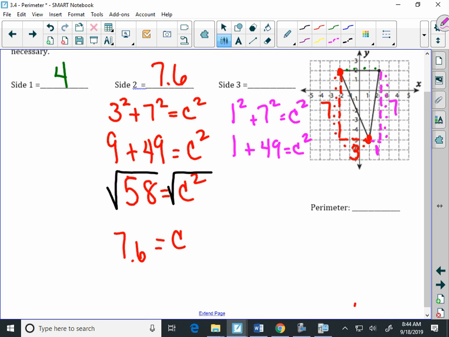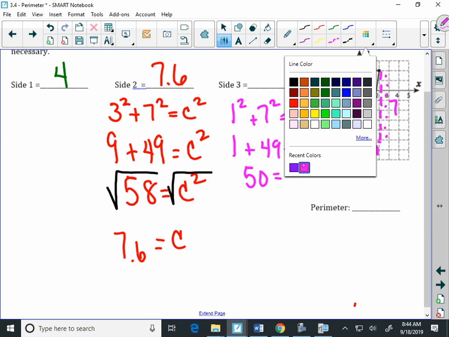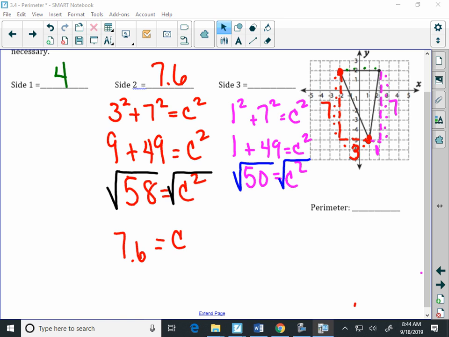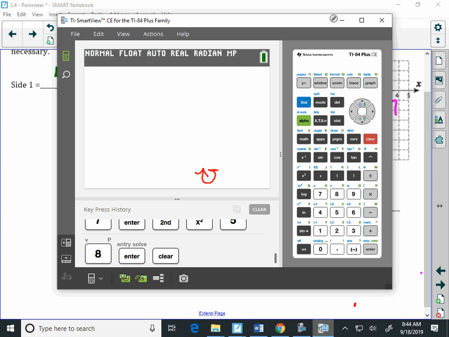1 plus 49 is 50 equals c squared. But we need to undo that square. And it might be nice if I wrote c squared. Undo that square by taking the square root of both sides. And that's when we pull out our calculator or the Desmos.